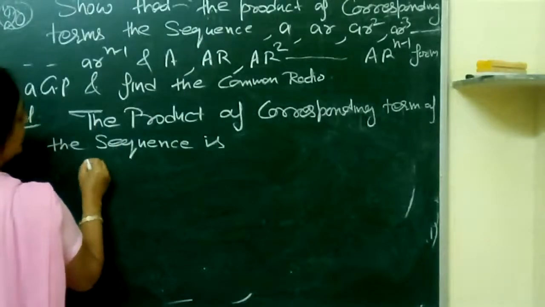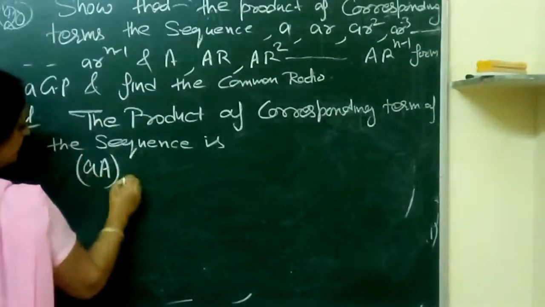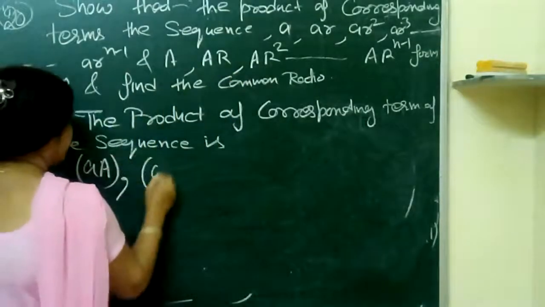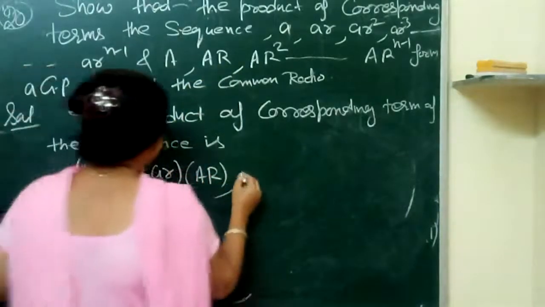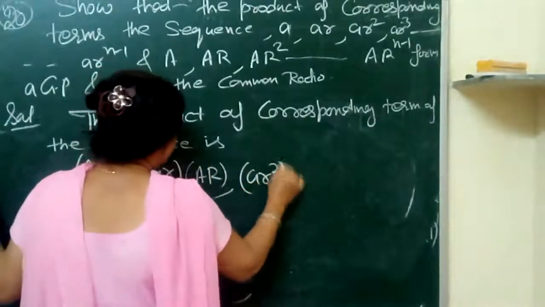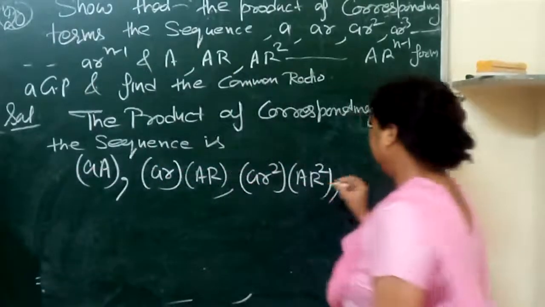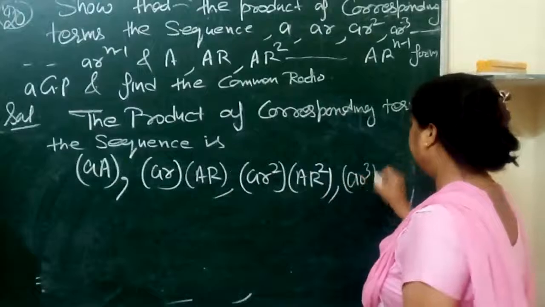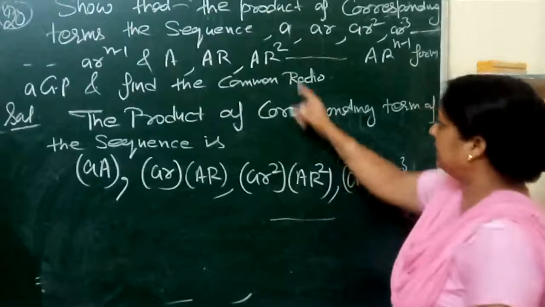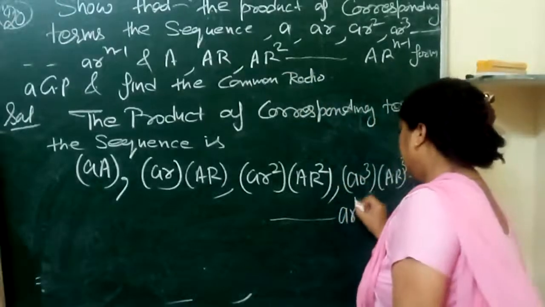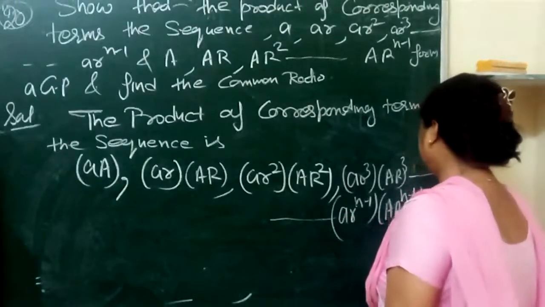It will come: first term A multiplied with capital A, this is A into A after multiplying, comma, second term ar multiplied with capital AR, and then third term ar square multiplied with capital AR square, and here ar cube multiplied with capital AR cube, and so on. The last term is ar raised to n minus 1 multiplied with capital AR raised to n minus 1.